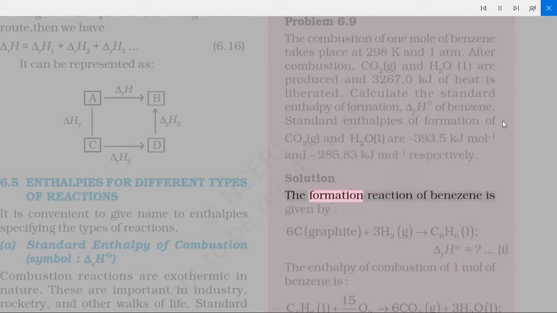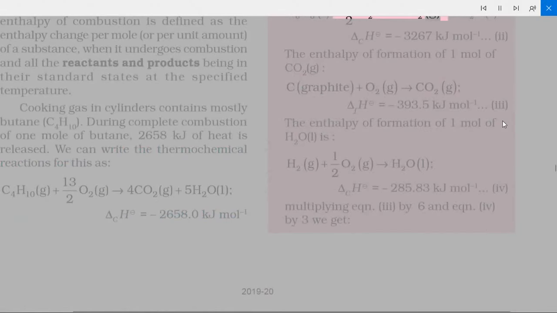Solution. The formation reaction of benzene is given by 6C(graphite) + 3H2(g) → C6H6(l), ΔfH° = ? (1). The enthalpy of combustion of 1 mole of benzene is C6H6(l) + 15/2 O2(g) → 6CO2(g) + 3H2O(l), ΔcH° = -3267 kJ mol⁻¹ (2).